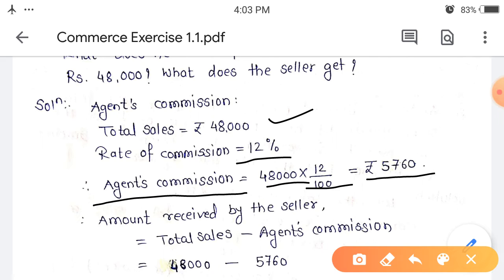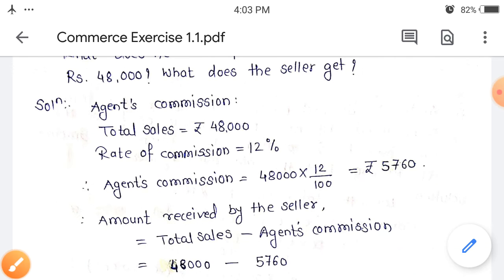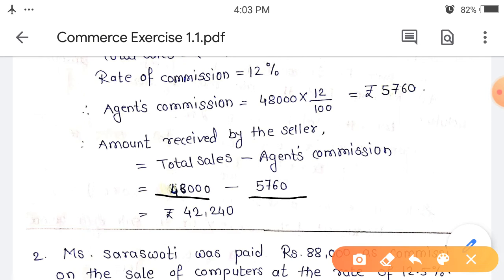This much commission will an agent get. If we cancel this commission amount from the total sale, the remaining amount is for the seller. So the amount received by the seller is total sale minus agent's commission. So 48,000 minus 5,760.